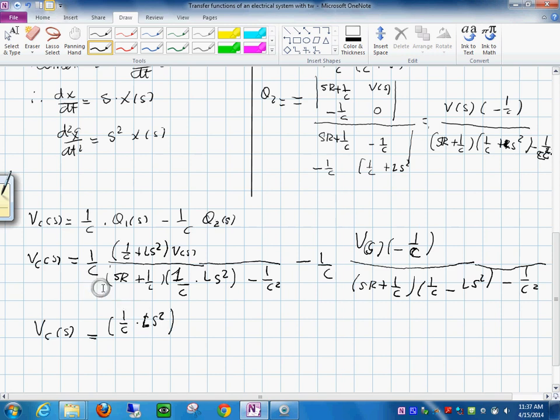And this one here is just, we're going to use the C in the denominator, B of S like this, and the denominator would be C times R times S plus 1 because we used it there, times 1 over C times L squared.